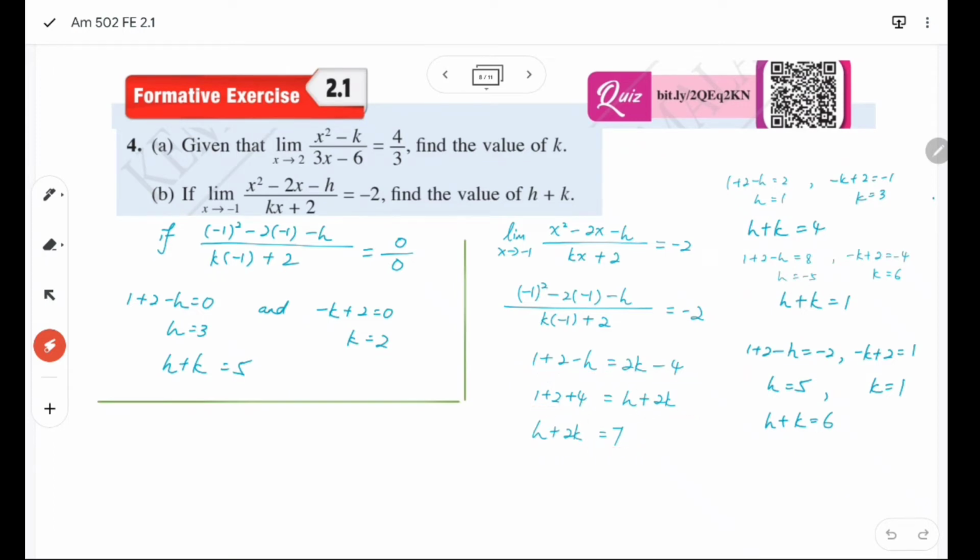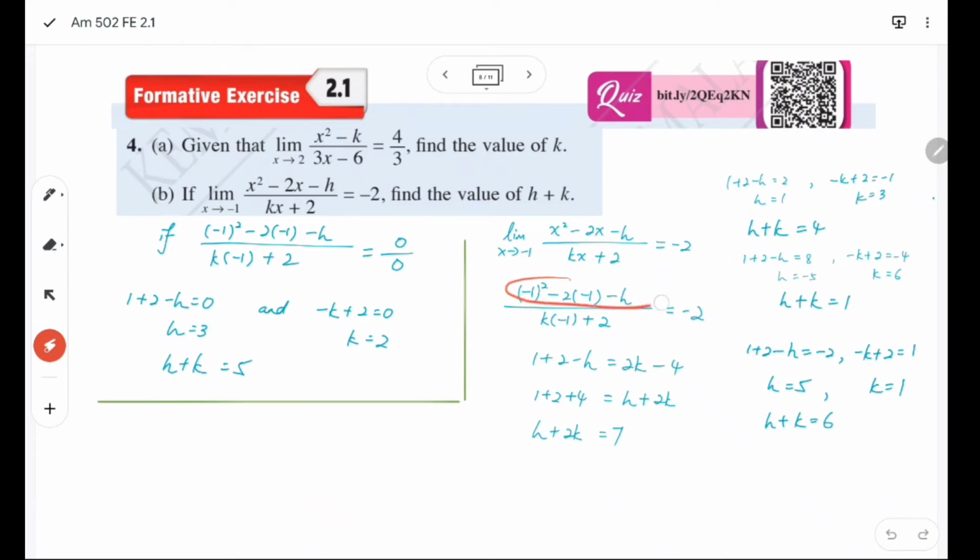Then I will get h plus 2k equals 7. In this case, this fraction gives me negative 2. So it can be 2 divided by negative 1: the numerator equals 2, the denominator equals negative 1. So I will get h plus k equals 4.